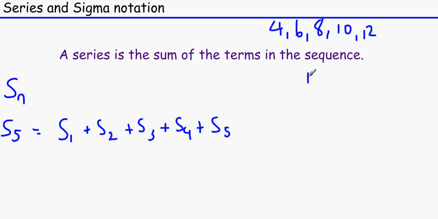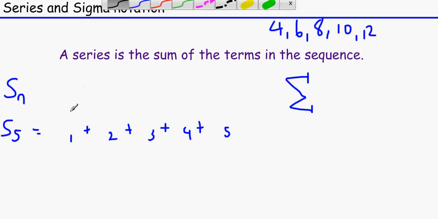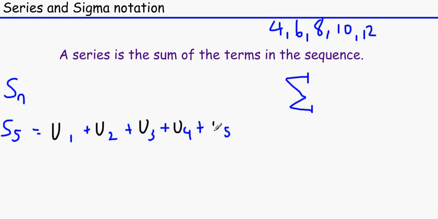I was supposed to write U instead of S, for the 5th term, the 4th term, the 3rd term, the 2nd term, and the 1st one. And sigma basically stands for the sum of.